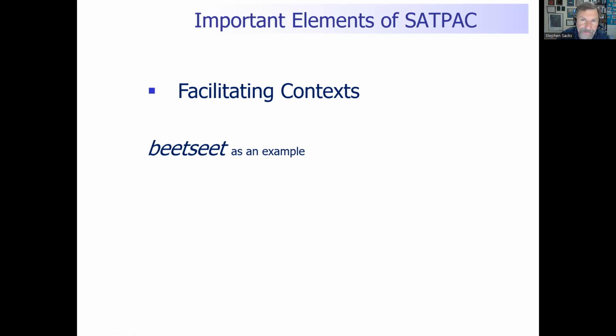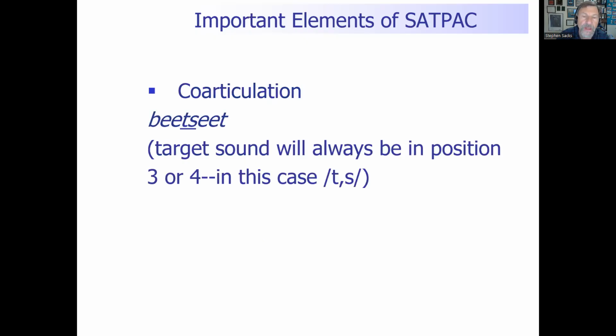And so what I did was I developed these facilitating context words for every consonant sound and many of the phonological processes. Co-articulation. So in normal conversational speech, we always co-articulate.